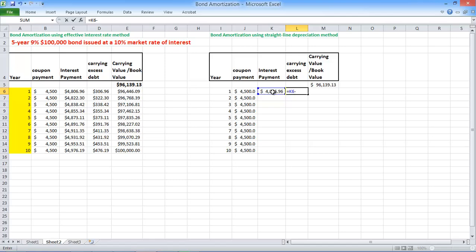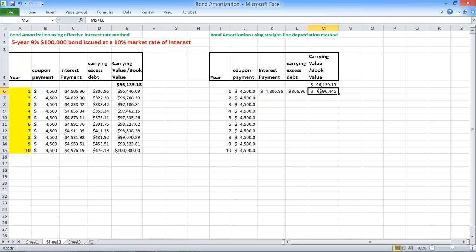What's the shortage? This minus this. So you're paying 306 less. What happens if we owe this? This gets added to your book value. So now you see this is increasing. Why is it increasing? Because you haven't paid this. You still owe them this amount.